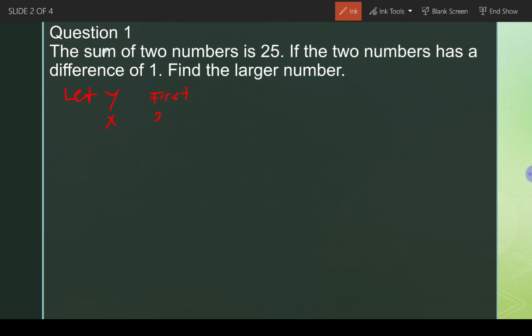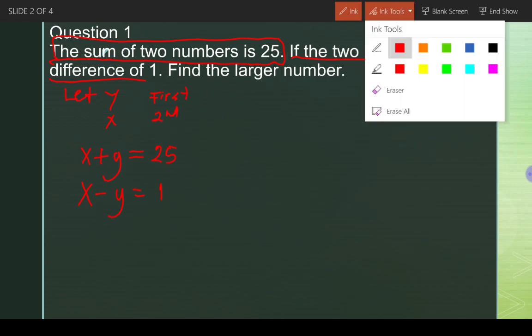First and second. For the first statement, the sum of the two numbers is 25. If we're going to add x and y, our sum is 25. And then if the two numbers have a difference of 1, it means kapag pinag-subtract daw natin sila, the answer is 1. So we will have x minus y is equal to 1.